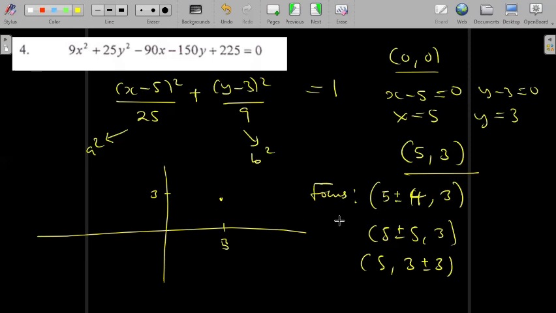Let's not do the focus first, but the vertices. When we add 5 plus 5, we get 10, so it will be 10 comma 3. Then for the other one, when you subtract 5 minus 5, you just get 0, and that would be 0 comma 3.